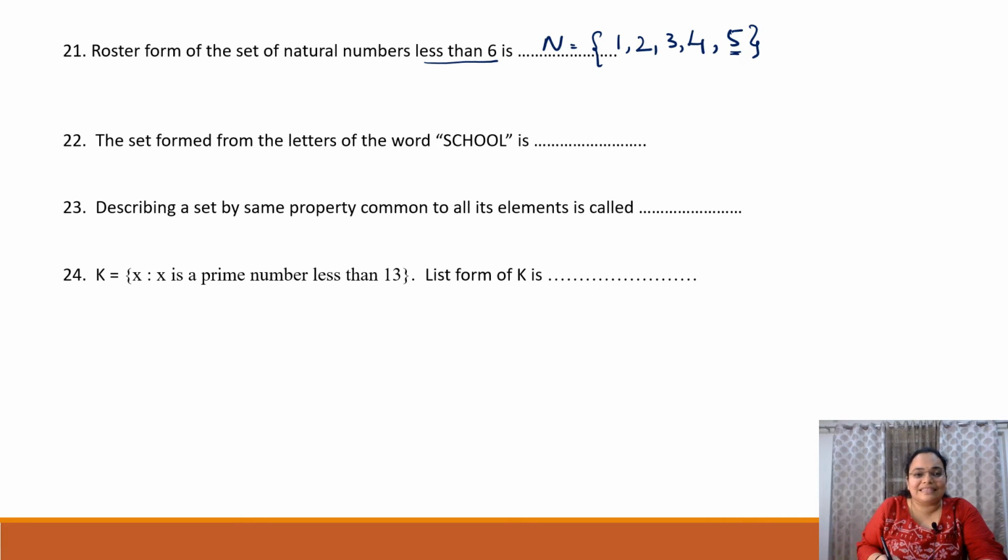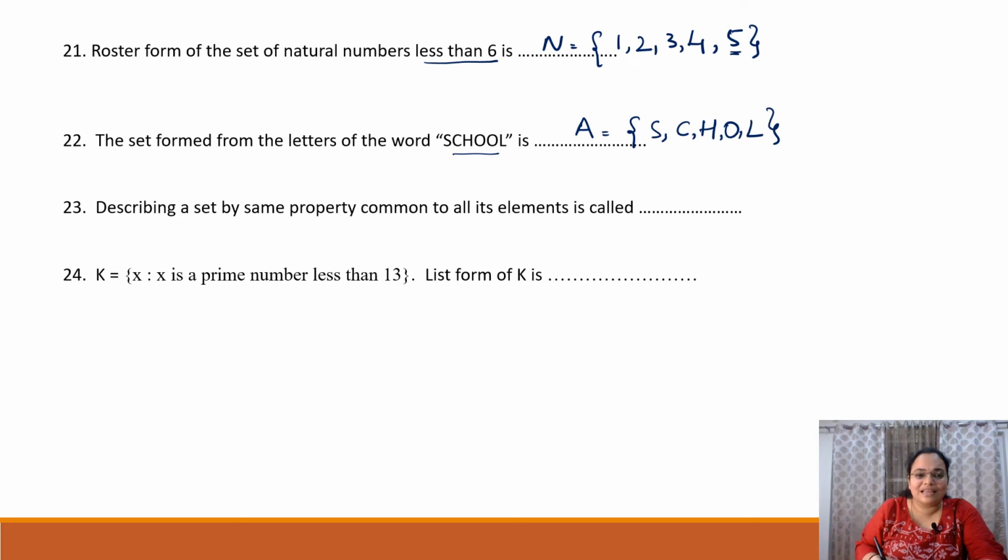The set formed from the letters of the word school. So A is equal to {S, C, H, O, L}. I am not repeating the letters in a set, right? I am not repeating the elements.